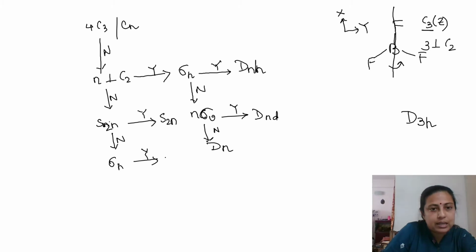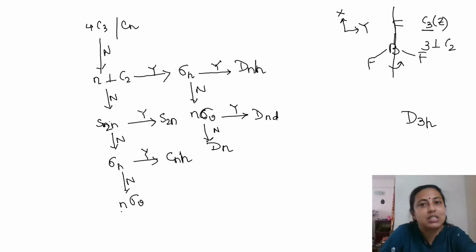If yes, then it is Cnh. That is, I am having a Cn axis but I am not having any perpendicular C2, but I am having a sigma h molecular symmetry. Then the point group would be Cnh. Similarly, if sigma h is not there, look for n sigma v planes.